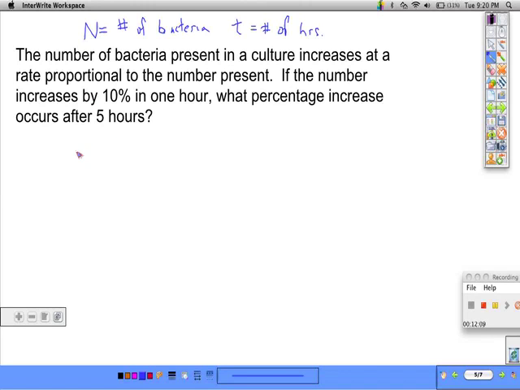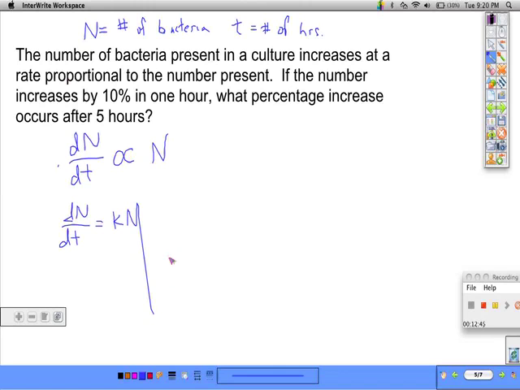So what that tells me is that the increase of the number of bacteria, so dn/dt, is proportional, that's what this symbol would mean, to the number present. So it's proportional to n. In other words, dn/dt is equal to a constant times n.